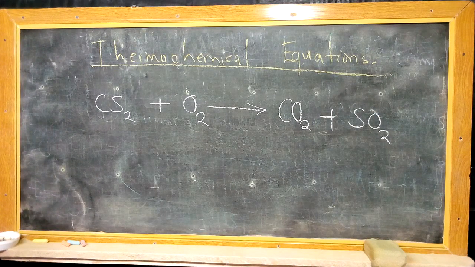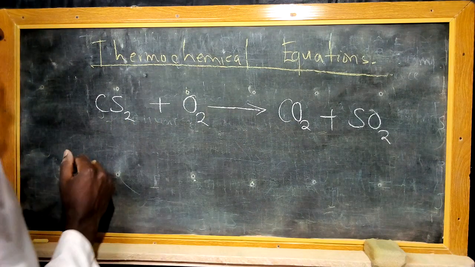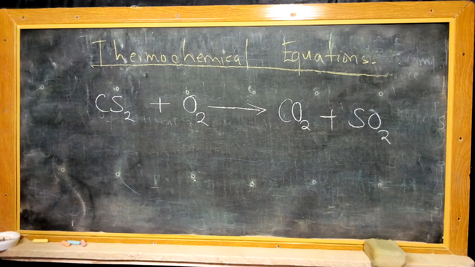So let's make this a stoichiometric equation by balancing the number of moles of the reacting species and the product species. We have carbon and sulfur, two different elements in compounds which are reacting, and oxygen, which is a diatomic gas.